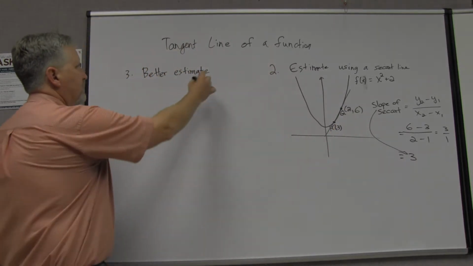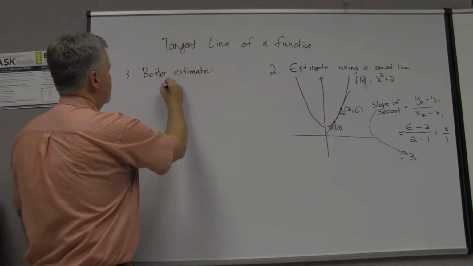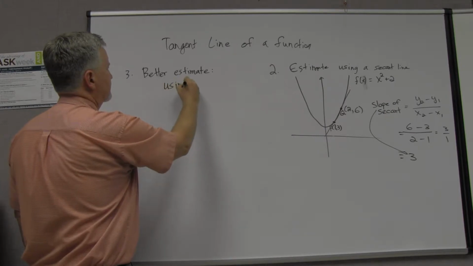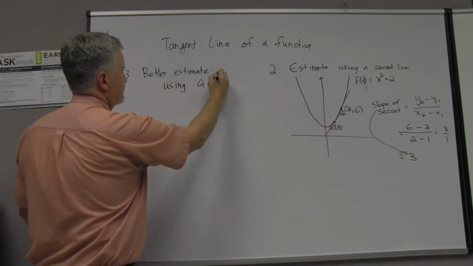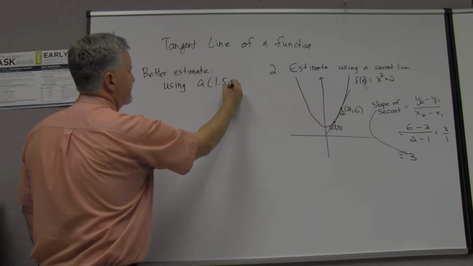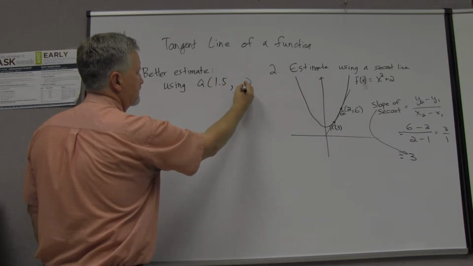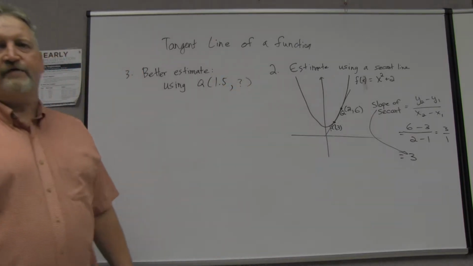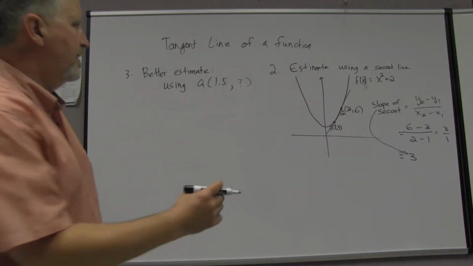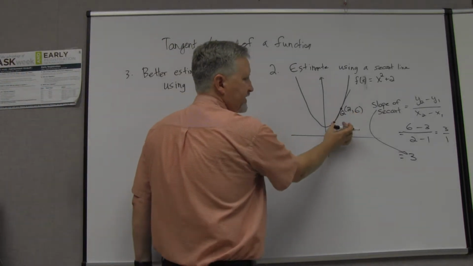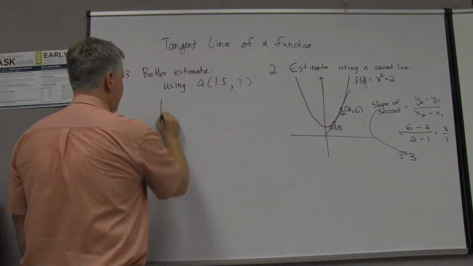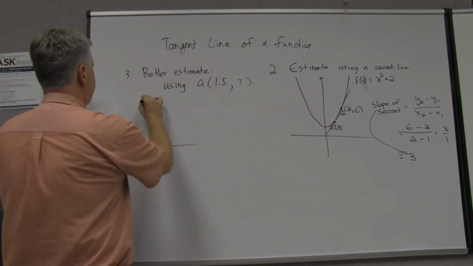All right, so let's get a better estimate, and let's use Q as 1.5, comma, whatever 1.5 goes with. So what did I do there? Well, I pulled my Q point in closer, didn't I?